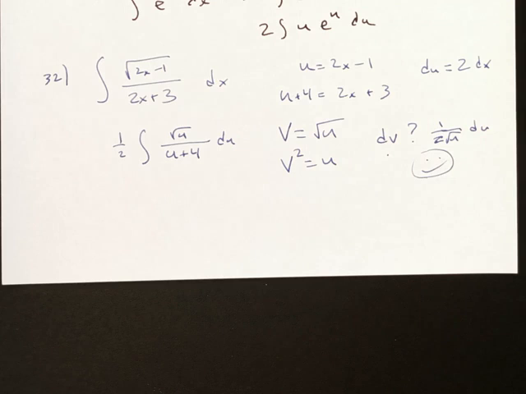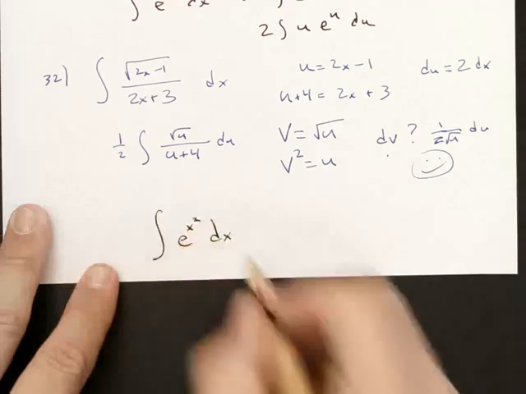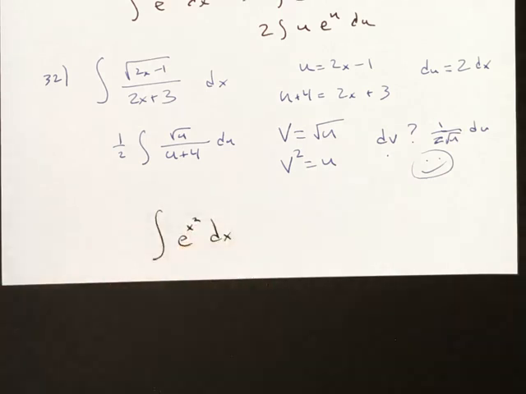Warning. Not all integrals can be done. That problem has no antiderivative that I can write in a nice form in terms of other functions we've already seen. That's called a closed form.